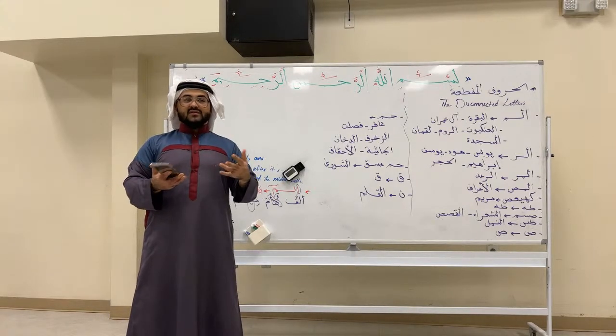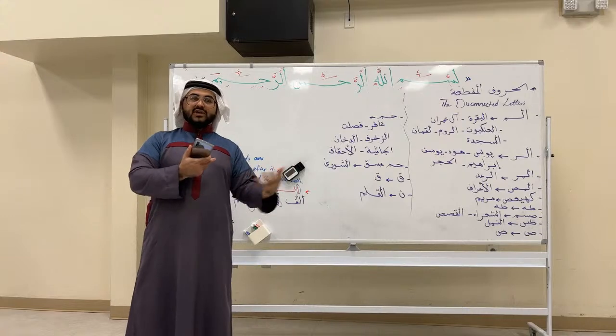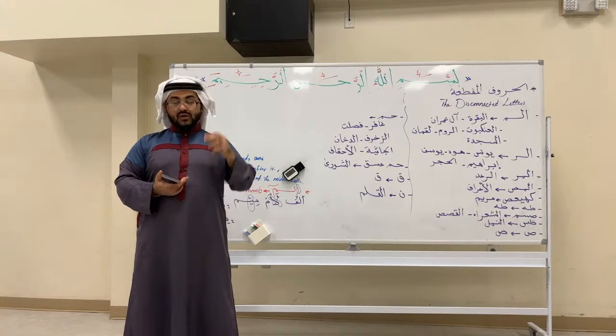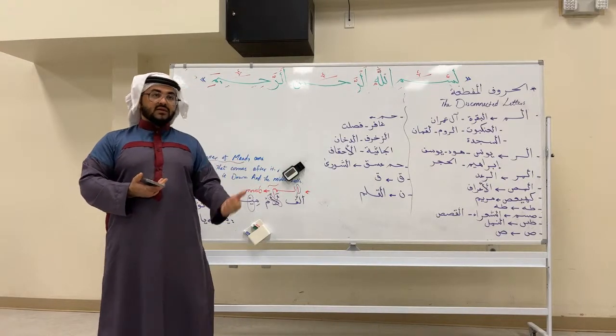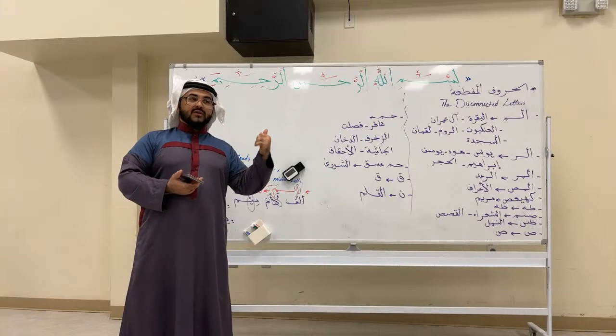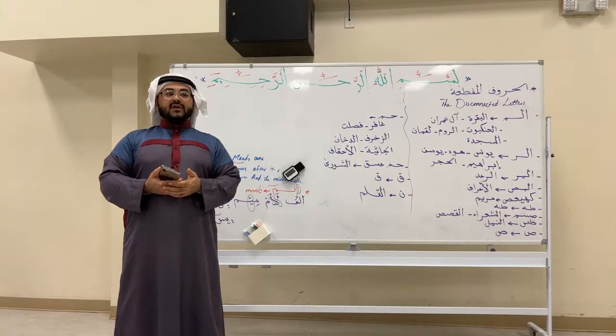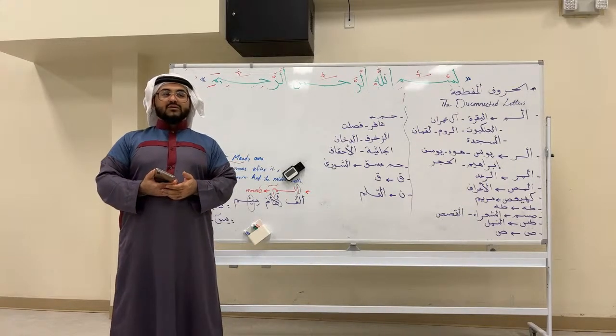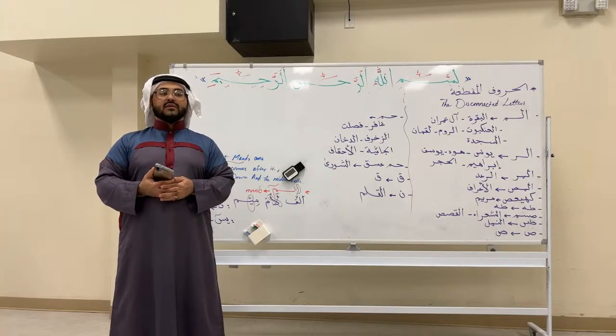Some of them say 6, and some of them, how do you connect? Some of the Qurra connect some of the letters when you jump from the Alif Lam Mim to Dhalika. Alif Lam Mim Dhalika.